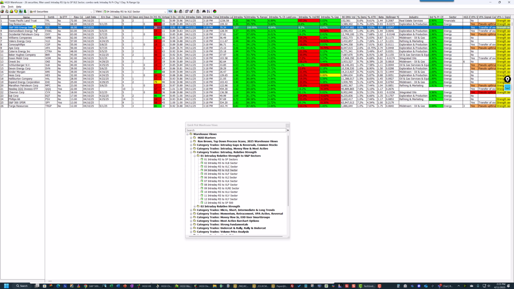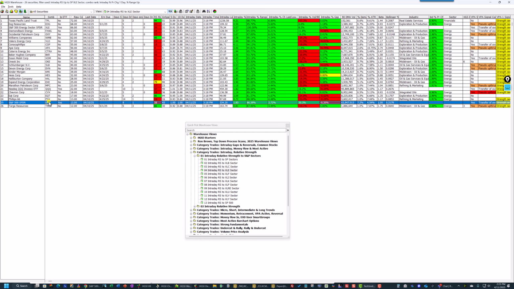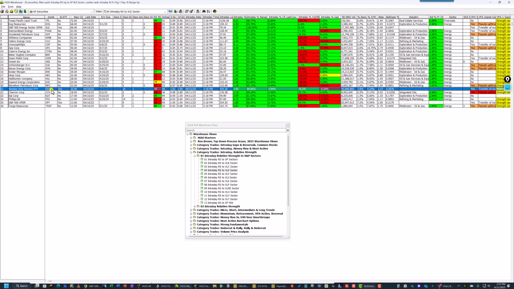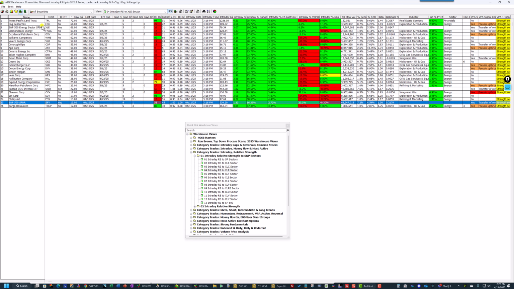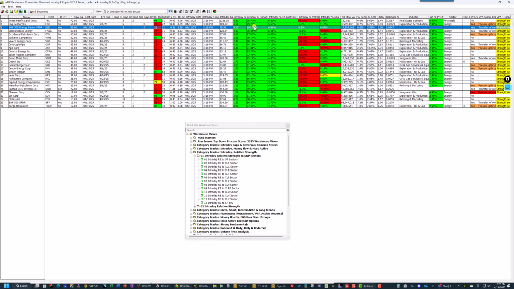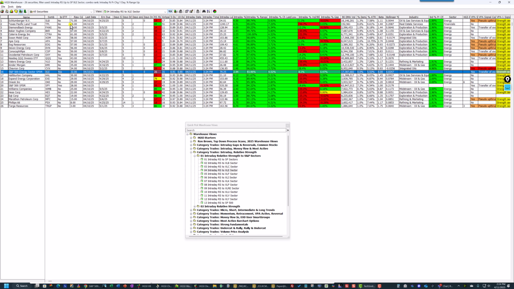So here's the spider, the XLE, and also in here we have the SPY, and the QQQ is right here. So the energy sector itself, based upon the combo, like I said, is outperforming those other indexes, the broader indexes, the SPY and the Qs, and it is clear up here at number 3.